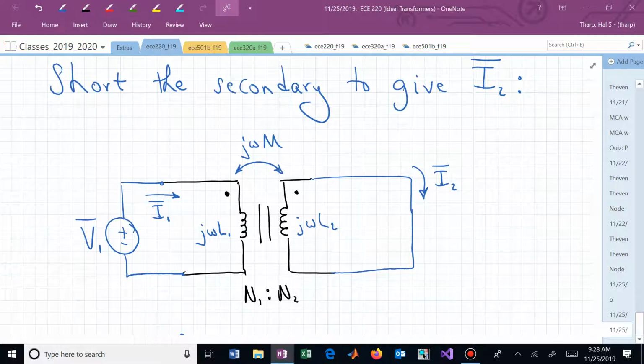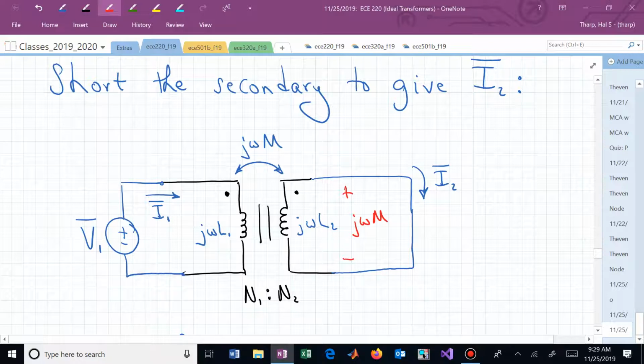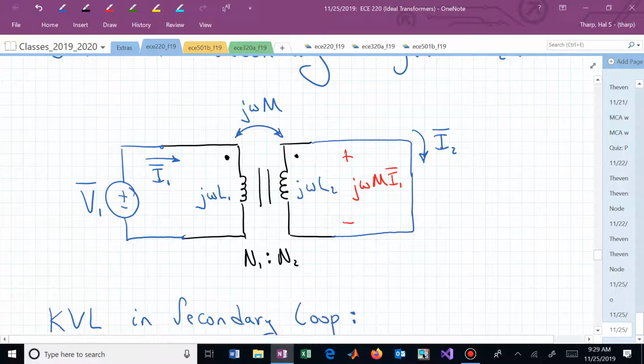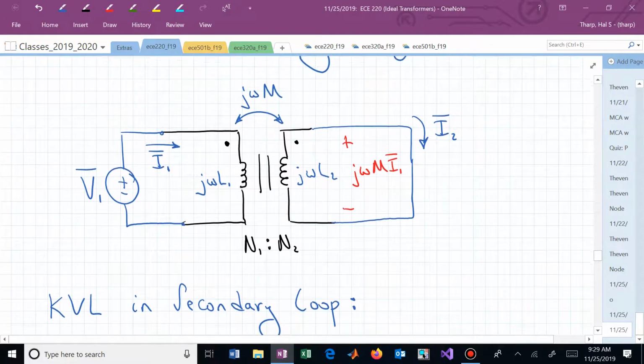We simply say, if I1 is going into that dot, we put a plus on the dot, and this is now j omega M I1.